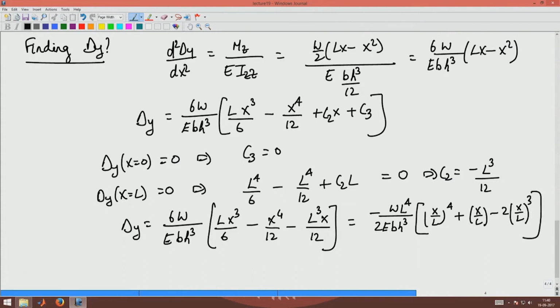Okay. So, now what am I interested in? I am not interested in just finding delta y, I want to find delta y max, where it occurs and what is its value.